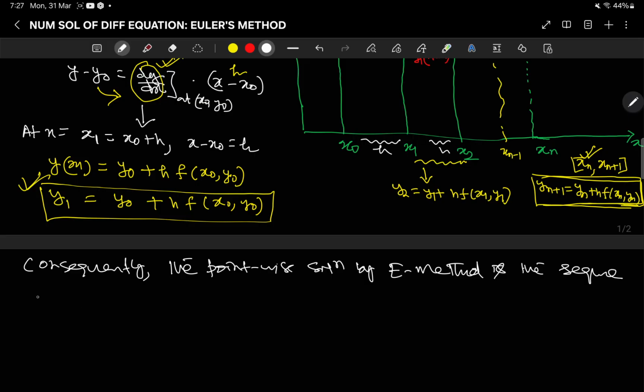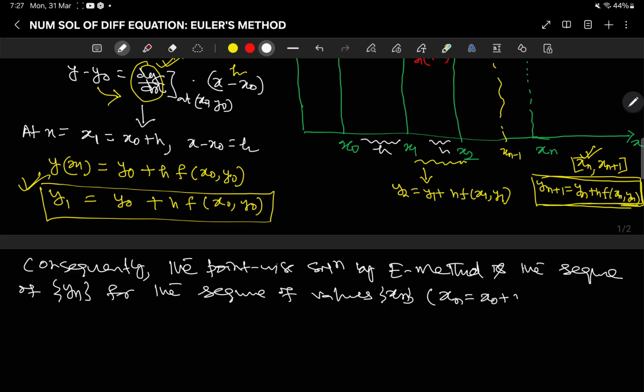We are getting y1, y2, the sequence of yn for the sequence of values xn. Here xn is equally spaced, meaning xn is equal to x0 plus nh, with this spacing h.